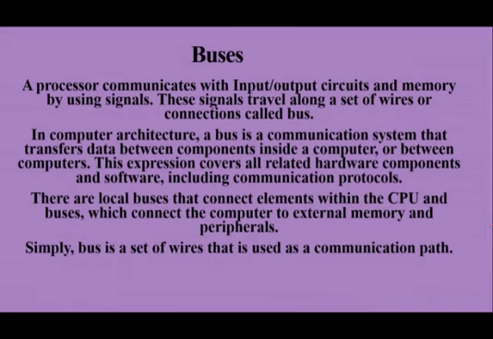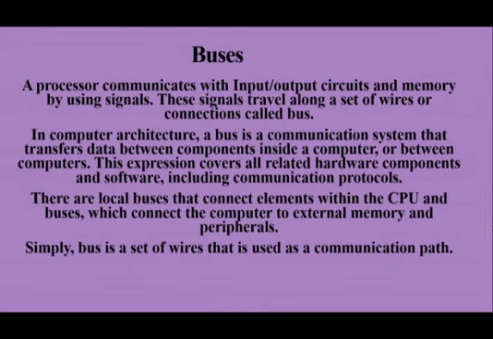A processor communicates with input-output circuits and memory by using signals. These signals travel along a set of wires or connections called a bus. In computer architecture, a bus is a communication system that transfers data between components inside a computer or between computers.